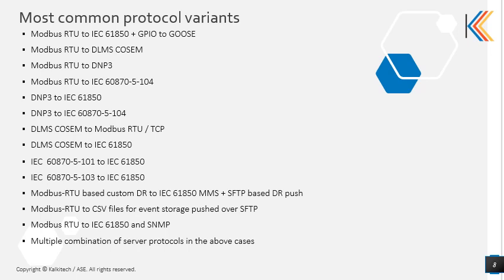This is one of the requirements that is coming. So these are the most common protocols which we supply, along with PRP network redundancy. The latest requirements are coming with these protocols with PRP-based network redundancy also.